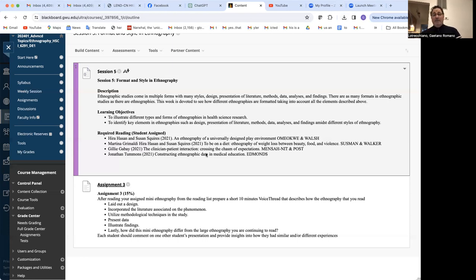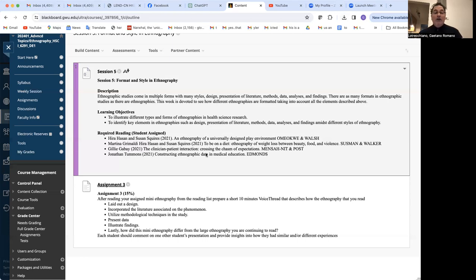There are probably as many formats of ethnography as there are ethnographies. And it's because ethnography is a type of research method that captures information, data, much more organically and presents findings in a way that is appropriate to the types of audiences that would be interested in that story.